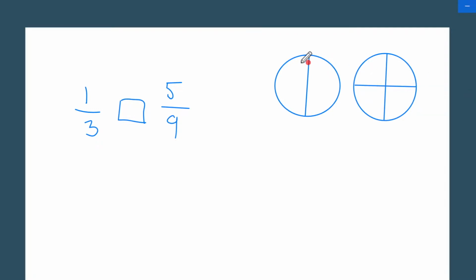Okay, so right now, if you say you ate one slice, see, one slice of this pizza is not the same as one slice of this pizza.